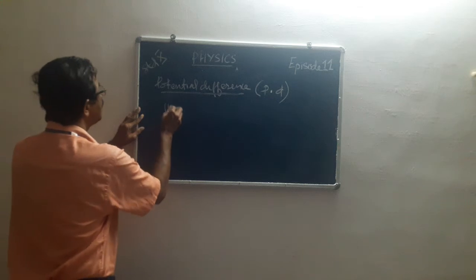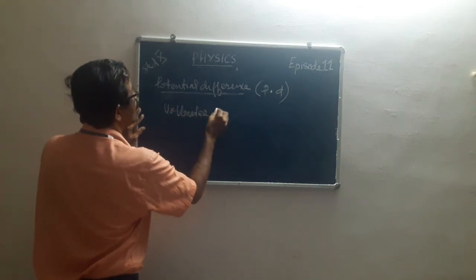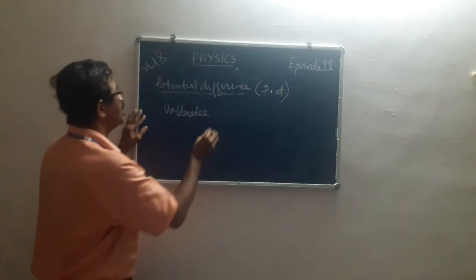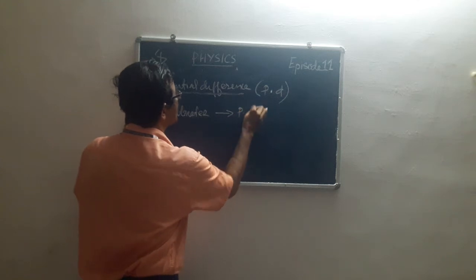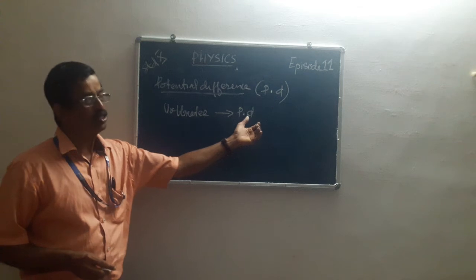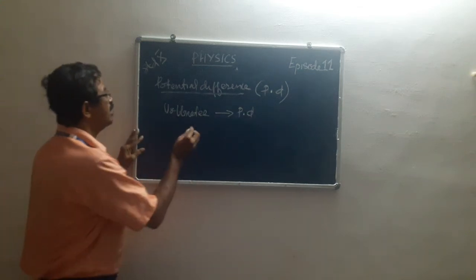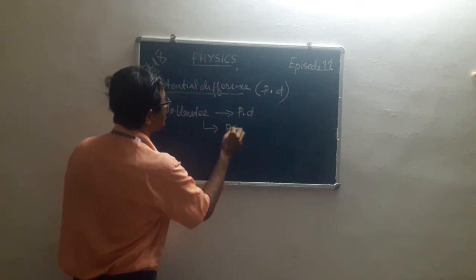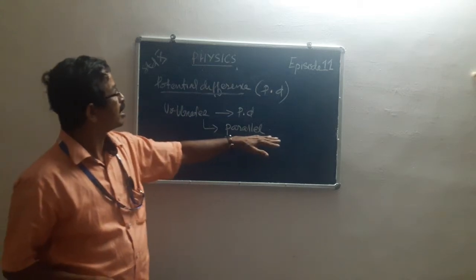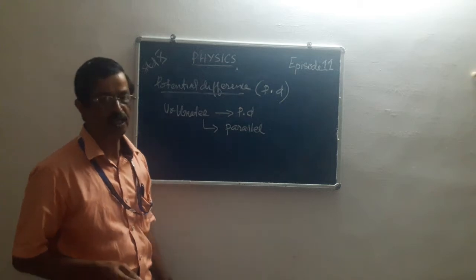And voltmeter is the device used to measure potential difference. Which is the instrument? Voltmeter. This voltmeter is always connected parallel to the device in which we want to measure potential difference.